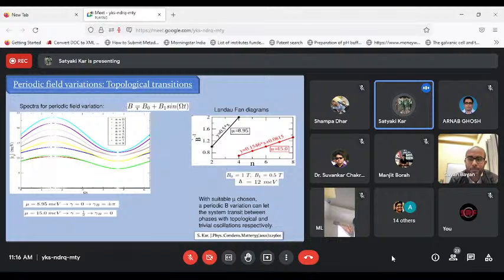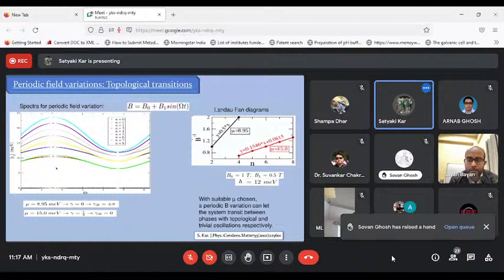You can consider a periodic drive in some particular range, and if you repeat these changes in B, then by doing this driving you can access these two different topologies and repeated transitions between them. So that we can do, and this is a nice thing for this problem. We can access these topological transitions periodically with such a periodic drive.